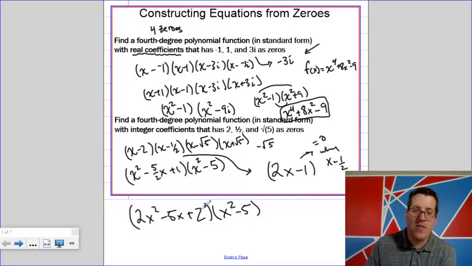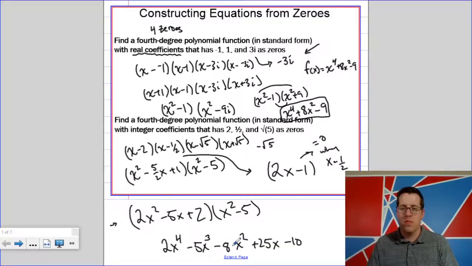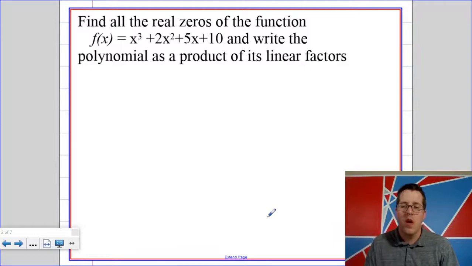In any case, you will end up with this. And when you multiply that out, you get 2x to the 4th minus 5x cubed minus 8x squared plus 25x minus 10.